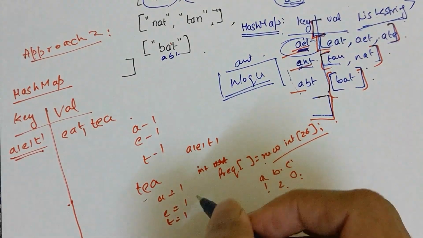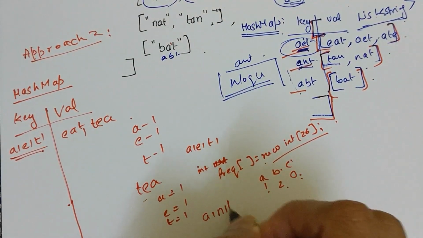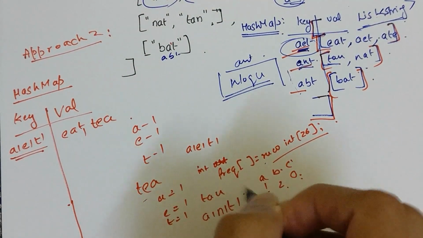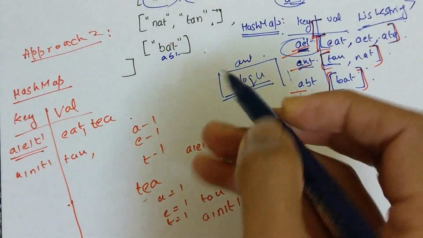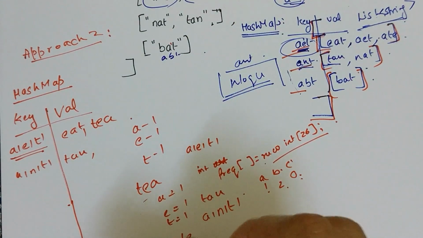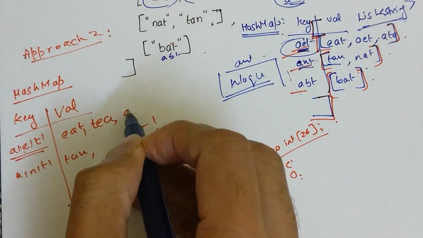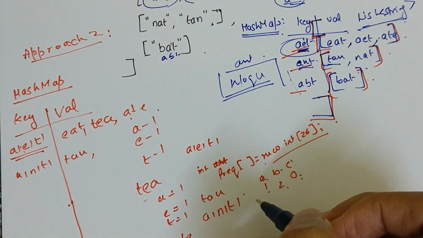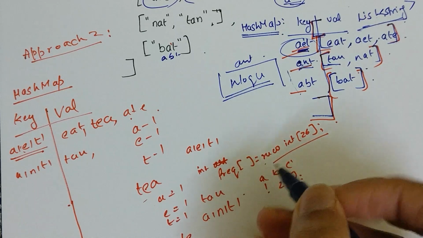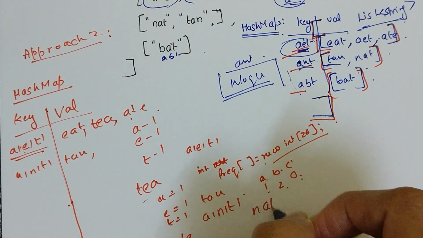Similarly, tan will form A1, N1 and T1. So A1, N1, T1 will form tan. The next one is ate. This will be A1, E1, T1, which is already present, so ate will be appended here. What about the next one, nat?